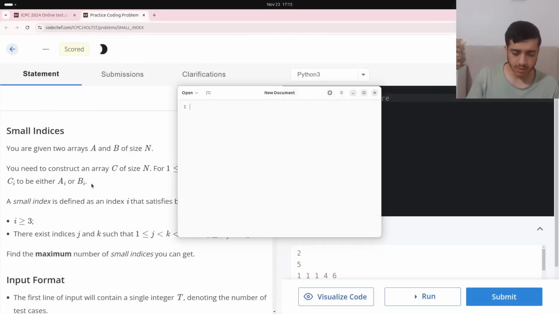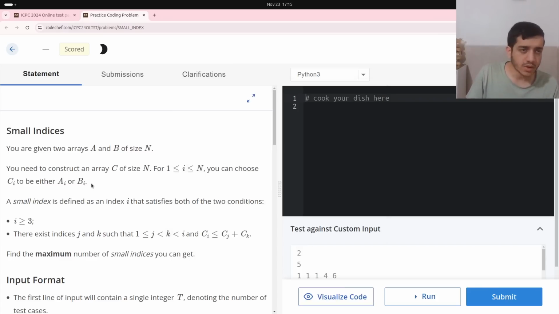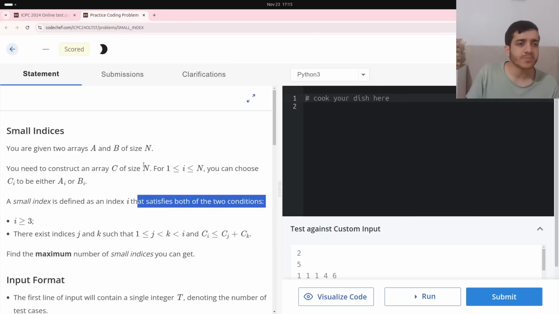For this problem, the hint is: don't pick numbers that, if you pick them, will for sure not become k; pick everything else. Okay, that was a hint for this problem.